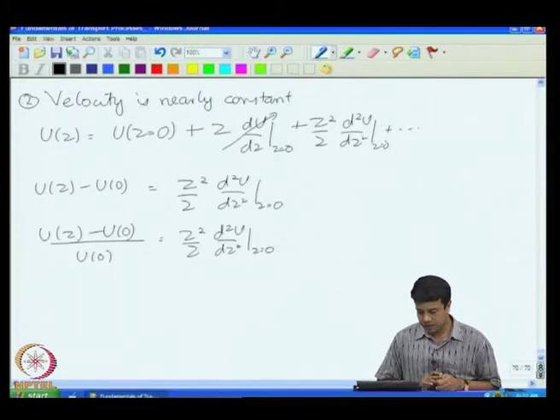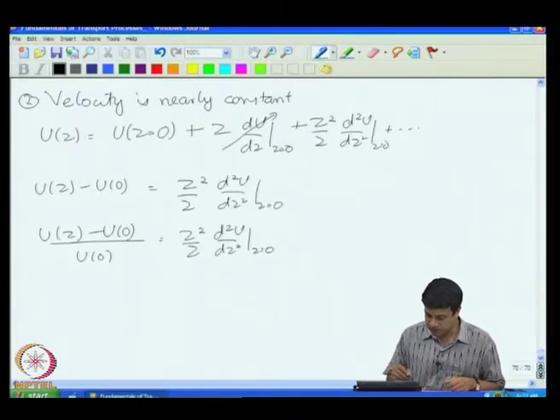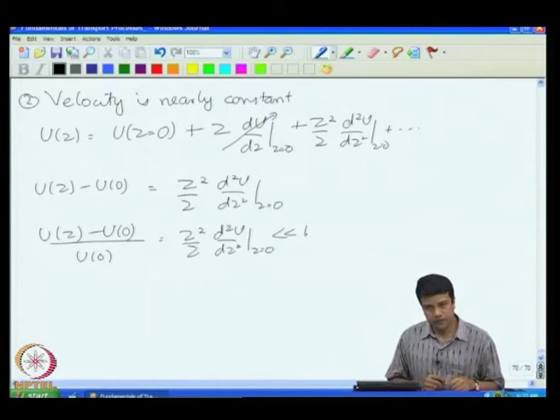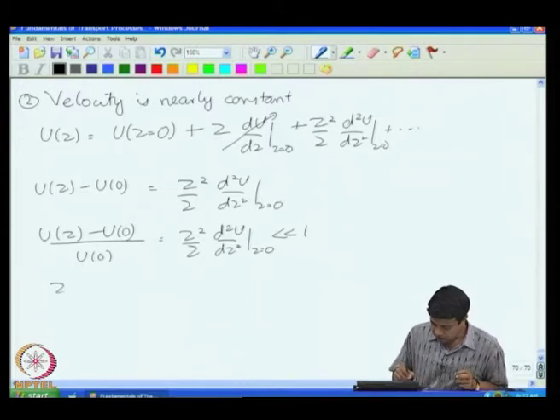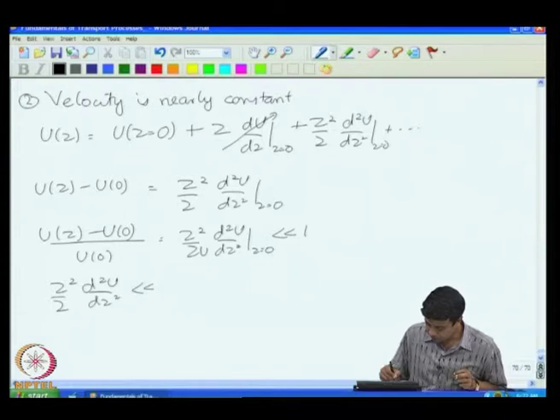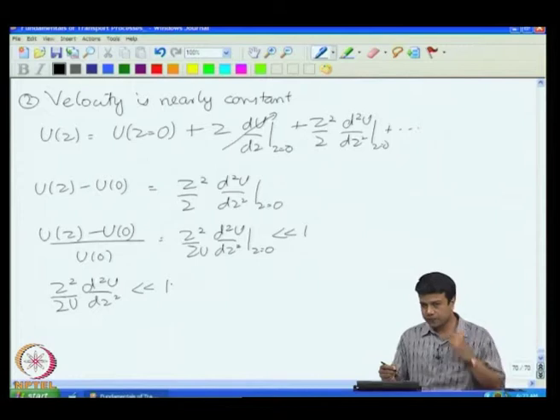That means that this has to be small compared to 1. u of z minus u of 0 by u of 0 has to be small compared to 1, if z is comparable to the penetration depth. So, z square by 2 d square u by dz square, divided by u, has to be small compared to 1.